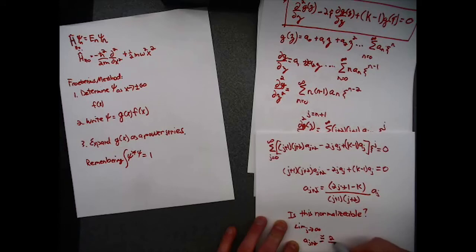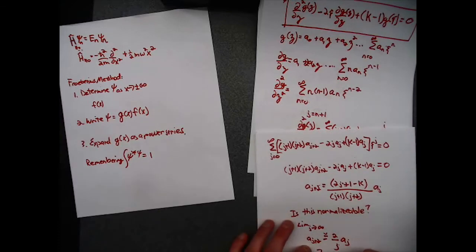So in the limit of large j, we have all of these different polynomial terms, no problem. But it turns out that this is the same limit as the original solution that we threw out.